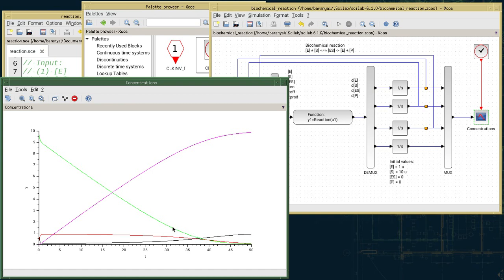And when we are running out of the substrate, then the enzyme substrate complex will drive only the chemical reaction, and we are going over to saturation. So this is a typical kinetic curve of how a biochemical reaction is running.